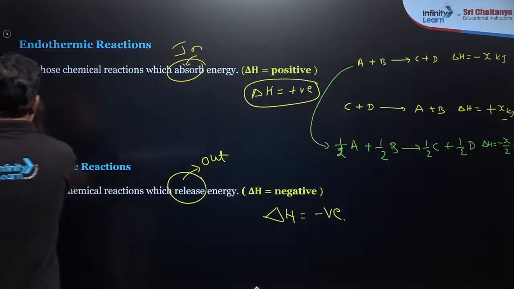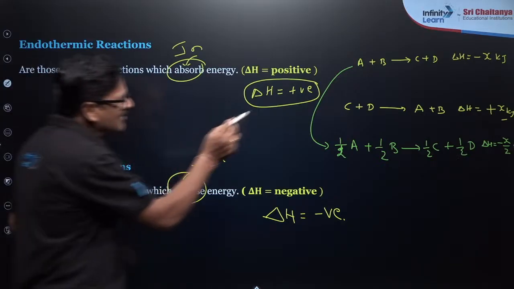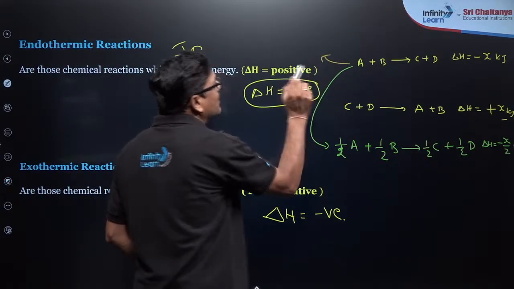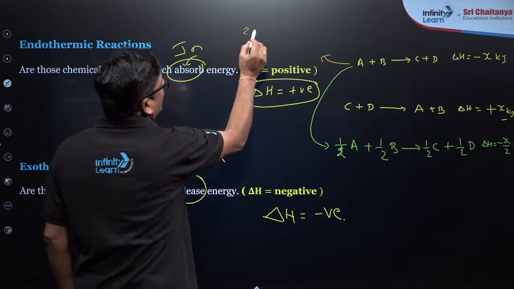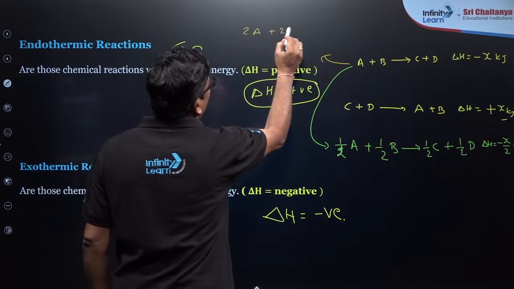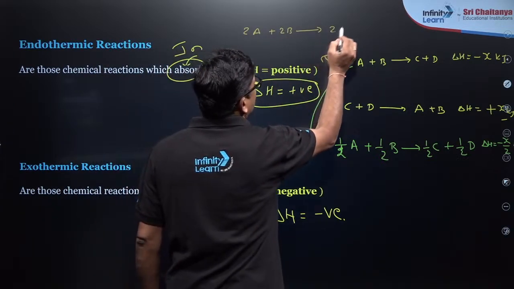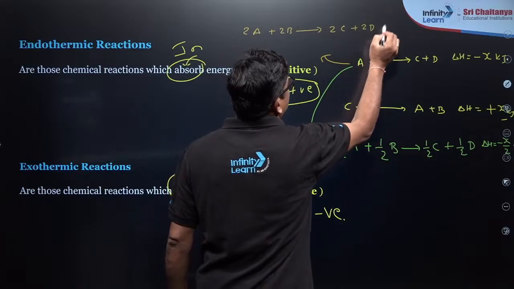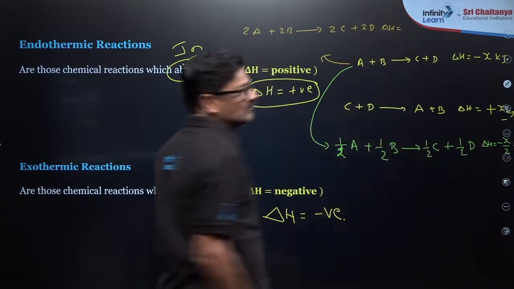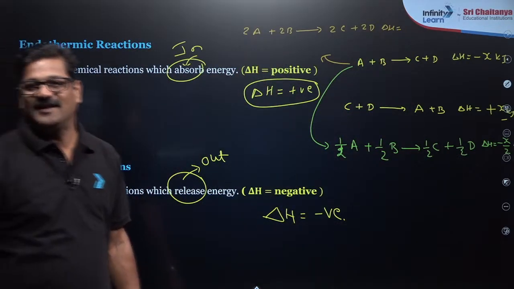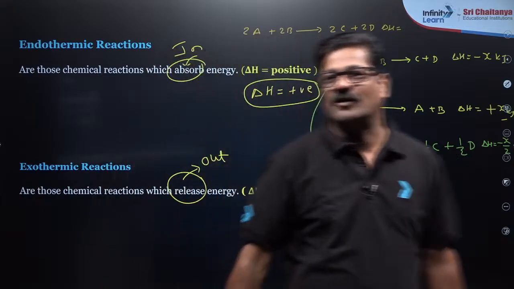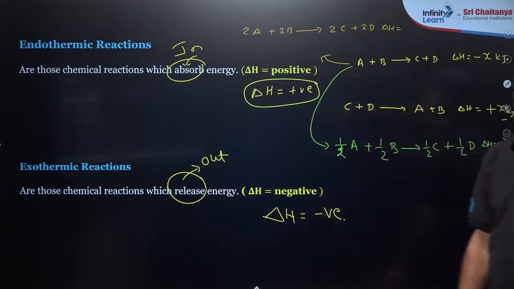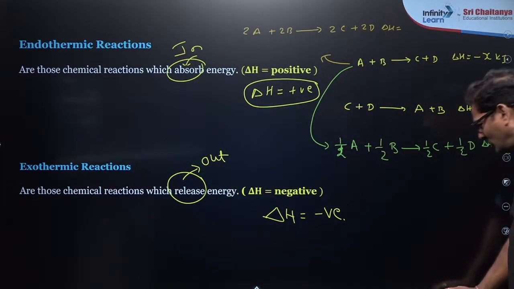और मैं कुछ बदलना चाहता हूँ यहाँ से, और ये वाला थोड़ा सा डबल करना चाहता हूँ. So 2A plus 2B gives rise to 2C plus 2D. इसका डेल्टा H कितना होगा बेटा? जरा I want to know इसका डेल्टा H कितना होगा? जल्दी फटाफट करके बताओ.